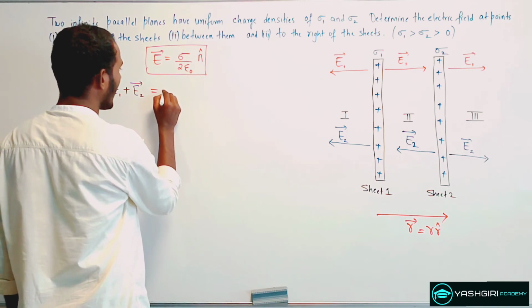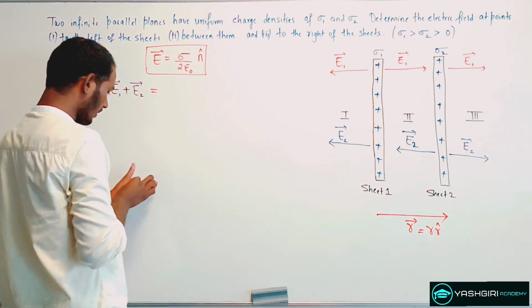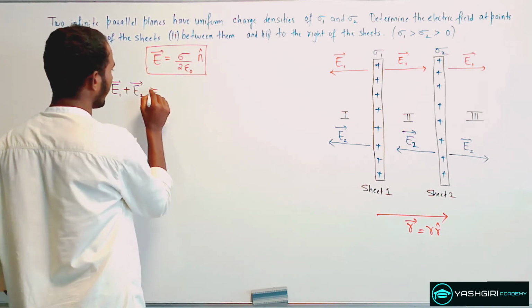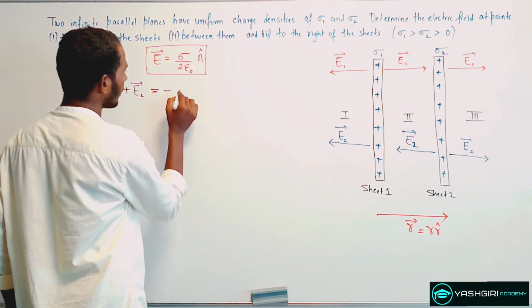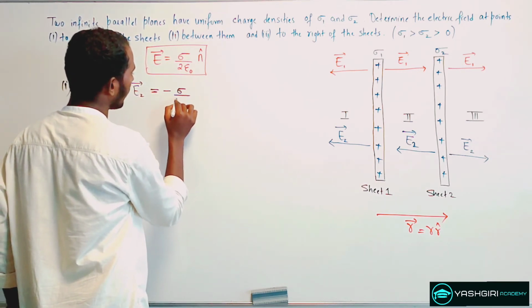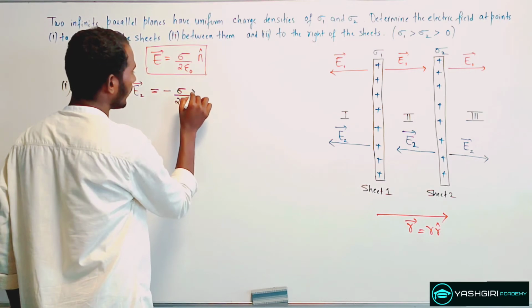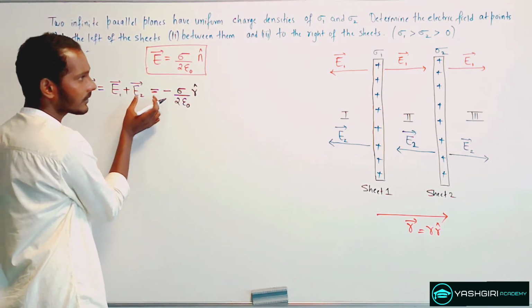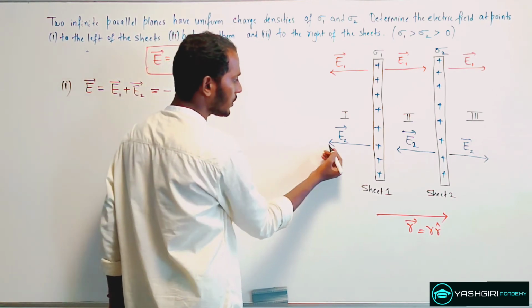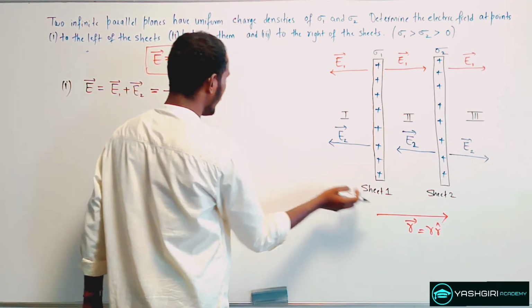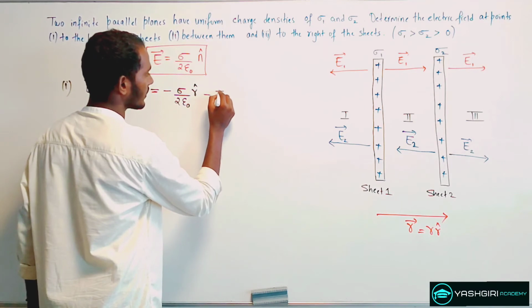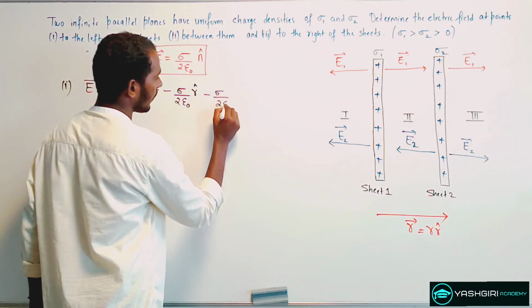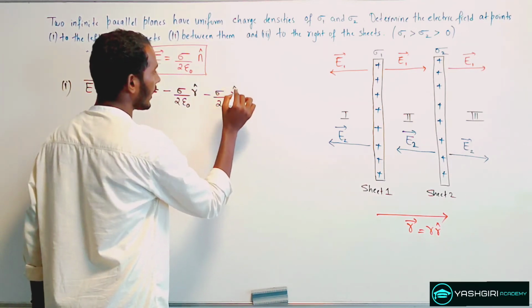In that case, I have to write a minus. I'll be getting minus of sigma upon twice epsilon naught into the r cap. So that's the electric field of E1, plus E2. Even E2 is pointing towards the left with respect to this, so I can write sigma upon twice epsilon naught into the r cap.